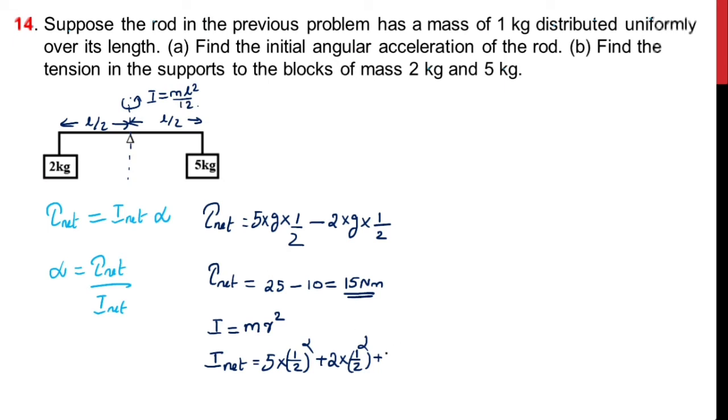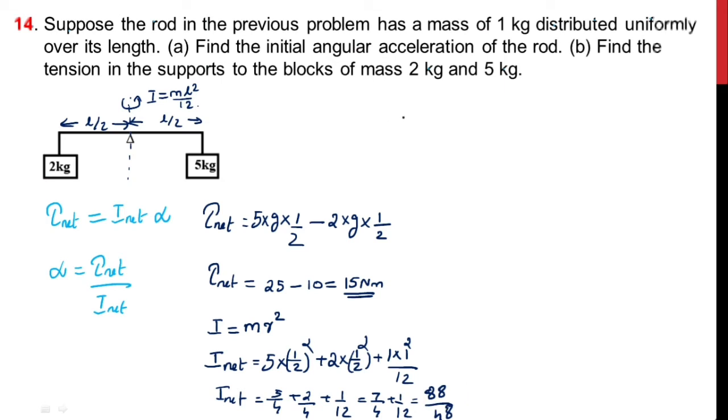So we substitute 1 kilogram times length 1 meter squared divided by 12. Substituting these values, I net is equal to 5 by 4 plus 2 by 4 plus 1 by 12. So you will be getting 7 by 4 plus 1 by 12, which is equal to 88 divided by 48.